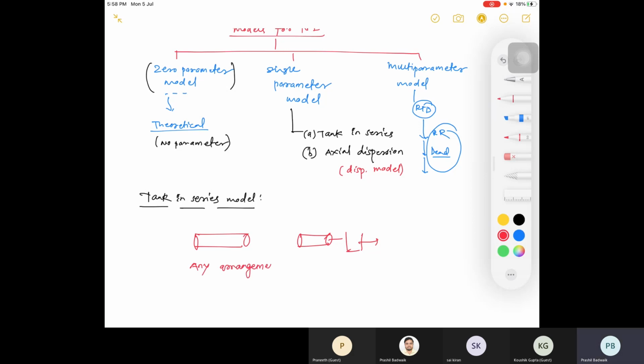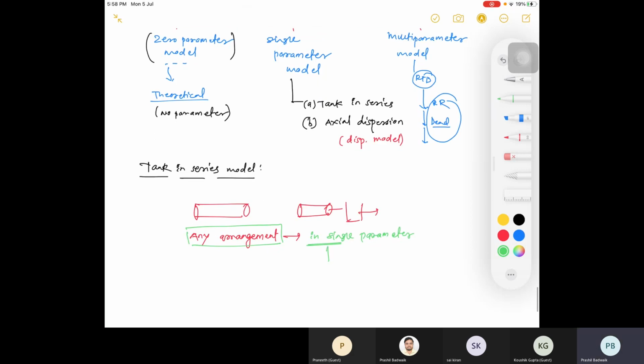This arrangement can be represented in a single parameter, and that single parameter is the number of tanks, n.